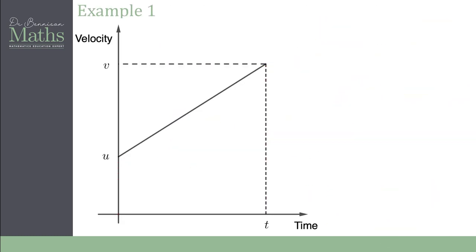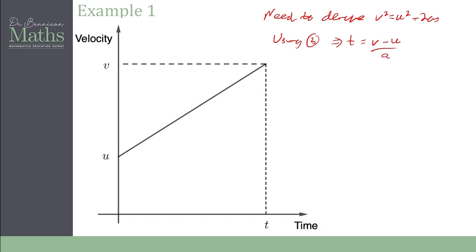So we've only got one left to define, and that is 5, which is v squared equals u squared plus 2as. For this one, using equation 3, we can find that t is v minus u over a. And I'm now going to substitute that into equation 4.